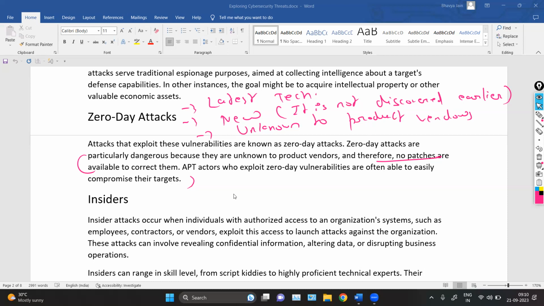So that is known as zero-day attacks. First, we find the zero-day in the latest technology. Second, it is new, not discovered earlier, and third, it is unknown to the product vendors, and there are no patches for that particular bug to correct or fix them. They are known as zero-day attacks.